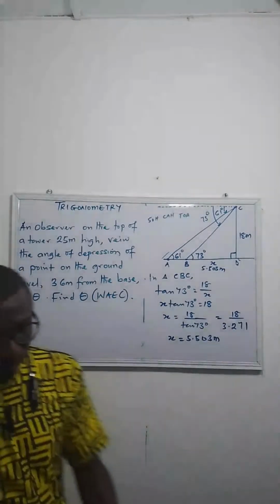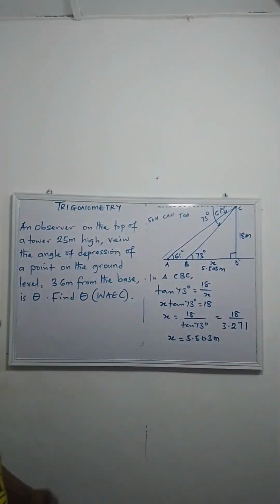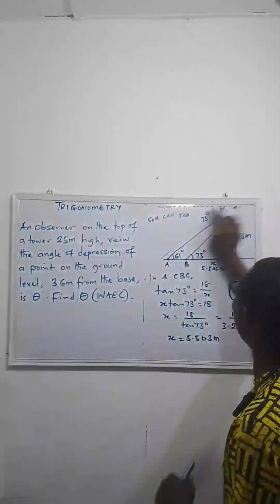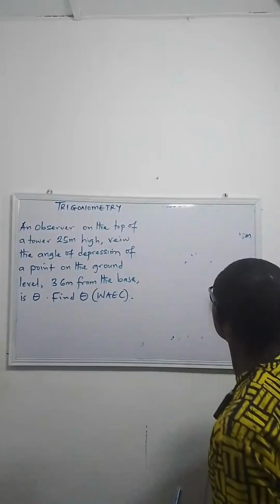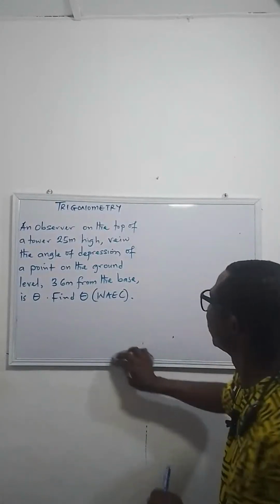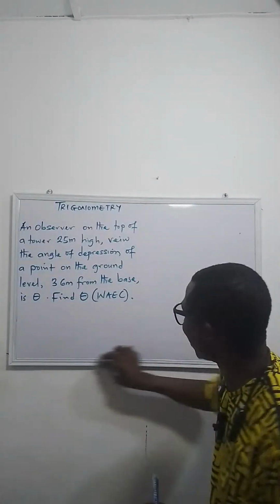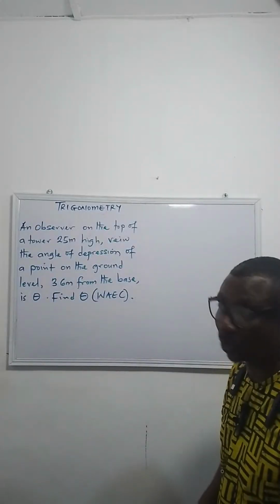Okay, so this another question is a very simple question. Can I give you 1 minute to attempt the question before we do it together? Look at the question. It's just a replica of what we just did now. So try it, and if you're able to finish in time, you can drop your answer in the comments section.